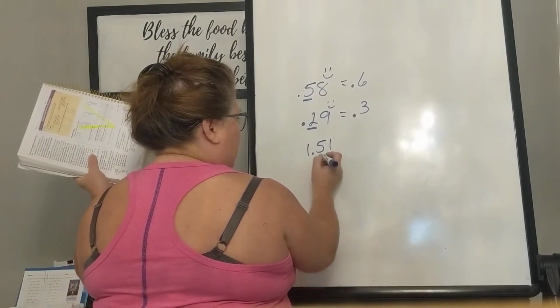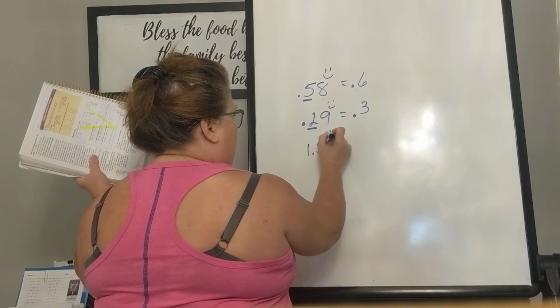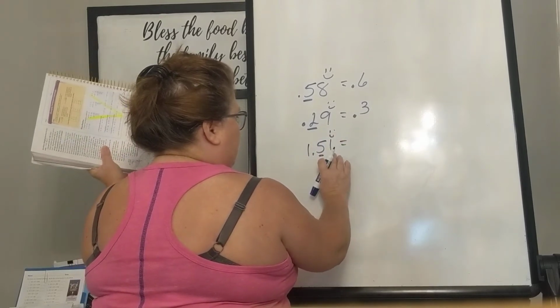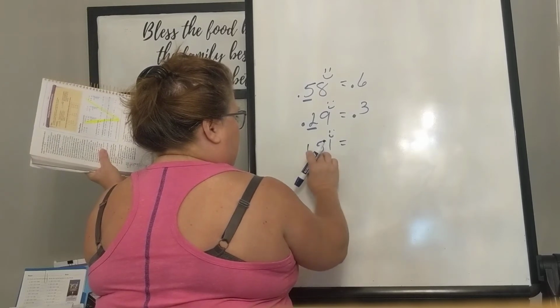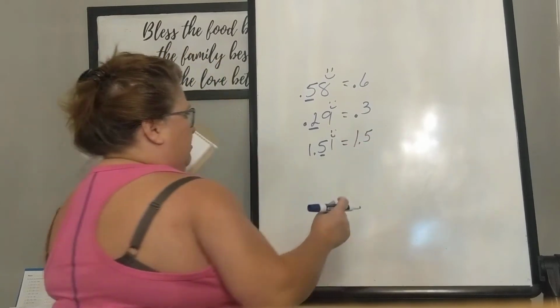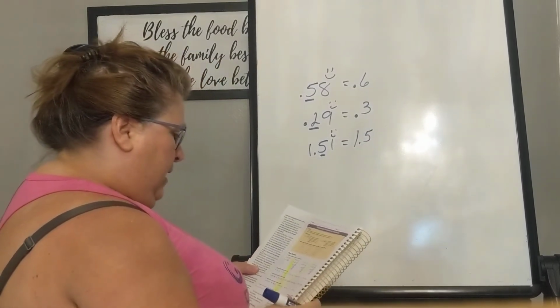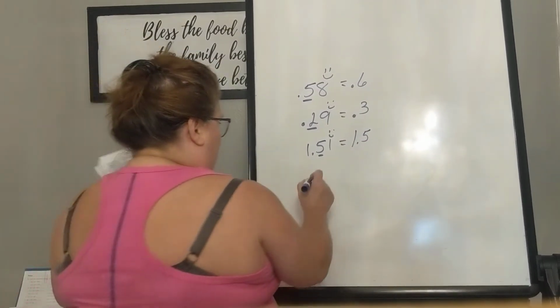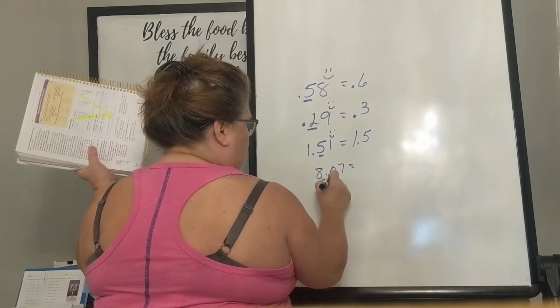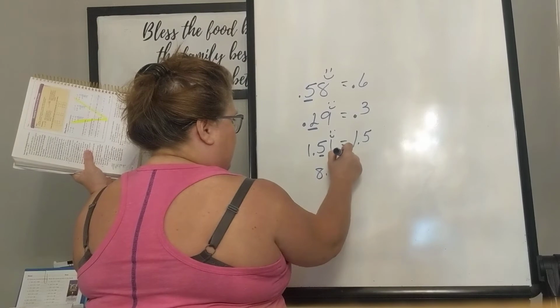Next we have 1.51. We're rounding to the nearest tenth. The hundredths place is our looker digit. It's less than 5, so it tells us that we just leave our tenths place alone, and it's 1.5. Letter D, we have 8.07. We're rounding to the nearest tenth. The 7 is our looker digit.